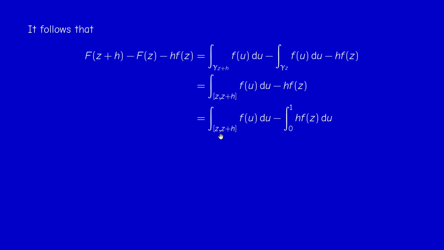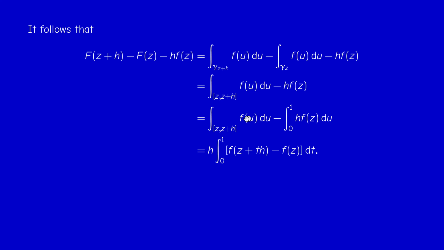There is a straightforward parameterization of this straight line segment joining z to z plus h, and it's given by gamma t, or delta t if you like, equal to z plus th. So z plus th is the parameterization of this path. When t equals 0, we are at z, and when t equals 1, we are at z plus h, right?